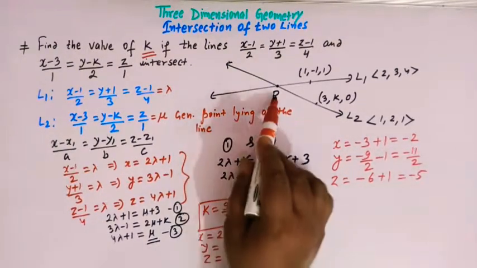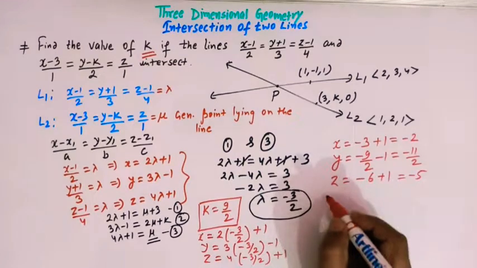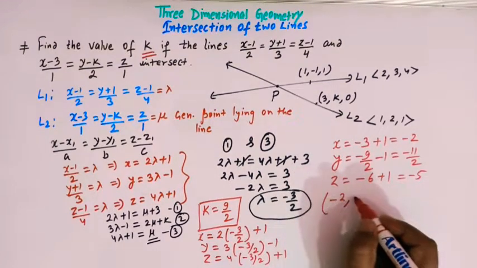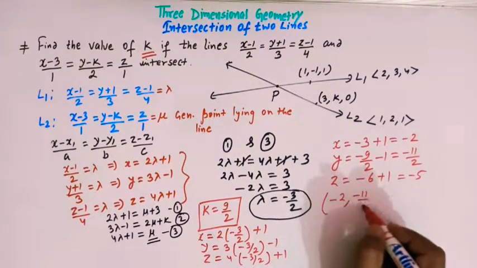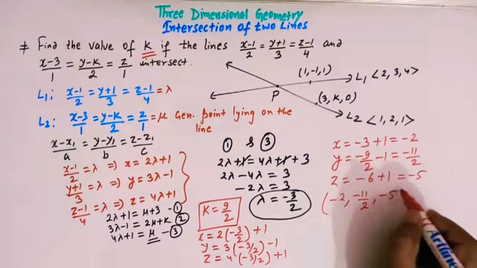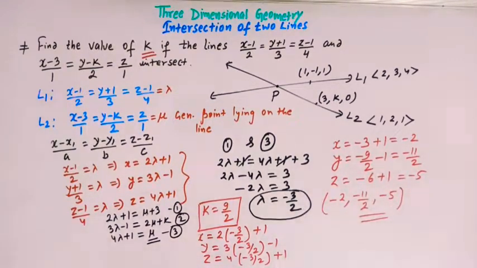So the point of intersection is given by minus 2 comma minus 11 over 2 and minus 5. So this is how we solve this important and conceptual problem from three-dimensional geometry.